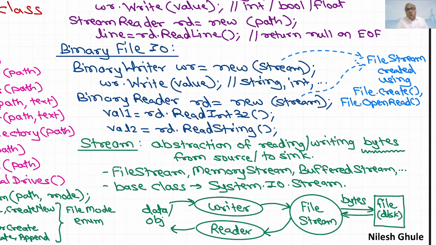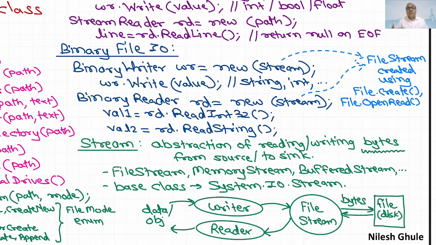But it is not limited to only FileStream. There are also other classes like MemoryStream, which is useful for holding data in memory, or BufferedStream, which will buffer the data before writing it to or reading it from the underlying stream.